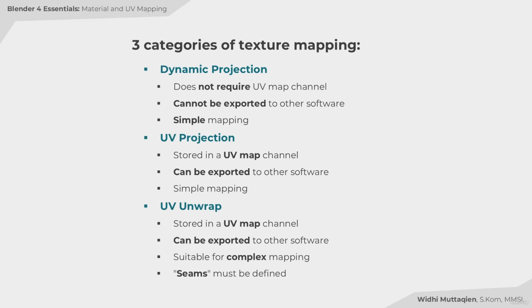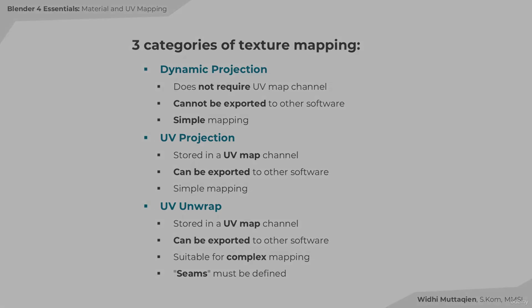This method also stores the mapping information inside a UV channel of the model. Unlike the previous 2 categories, this method requires us to define the seams. In short, the seams are edges that we mark or tag to tell Blender where to cut the model. If you are still confused, don't worry, we'll get to that in later lessons.